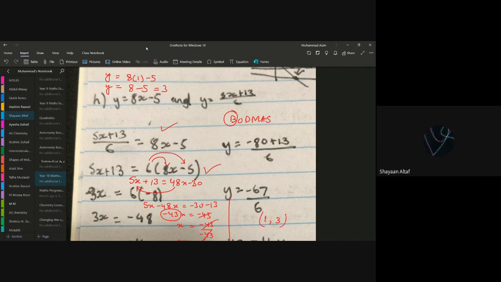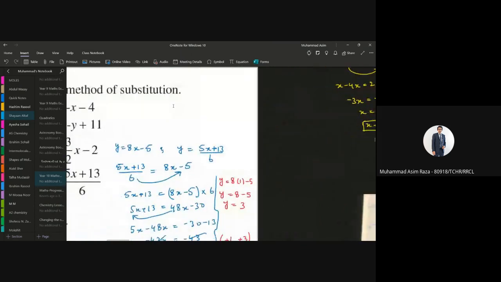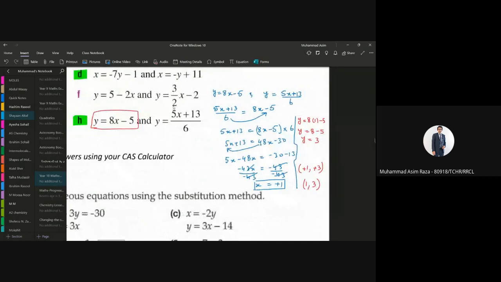Okay, can I just copy that down so I can correct myself? You can copy it from here. This is part H. This might take a while. Can you take a screenshot so that you can do it later?